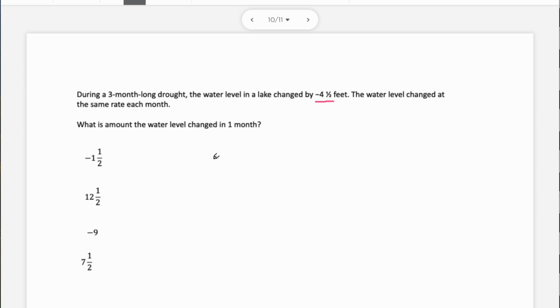So I'm just going to give you a visual here. We've got 3 months. Okay, so here's 1 month, 2 months, and 3 months. And the total that it changed over the whole time is -4.5 feet. Okay, over all 3. So not each of these is -4.5.